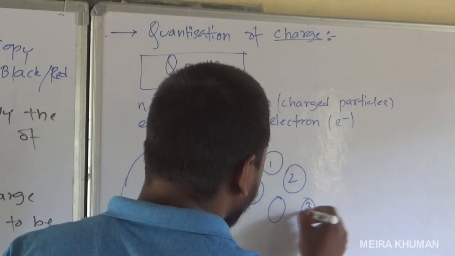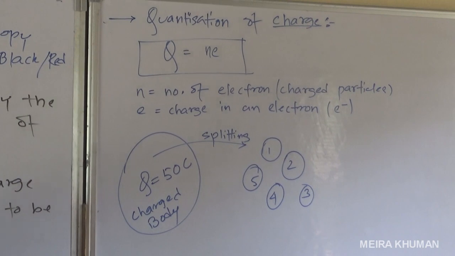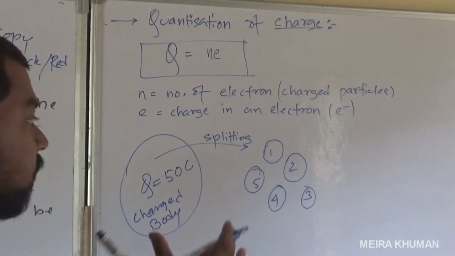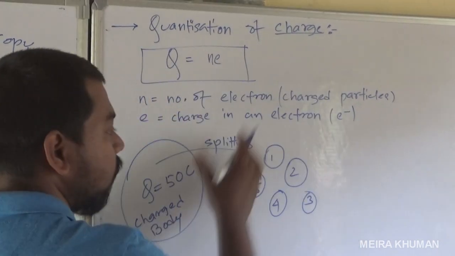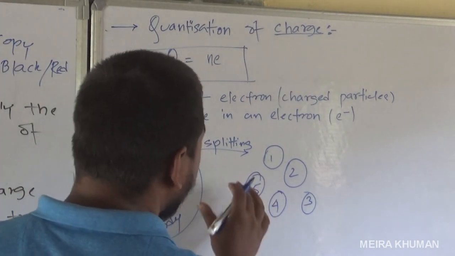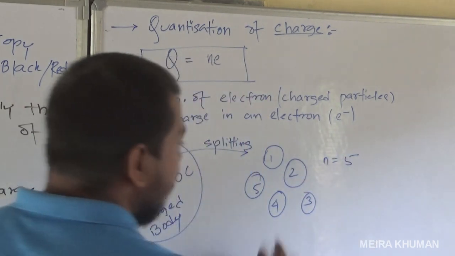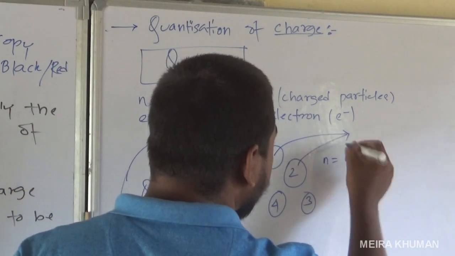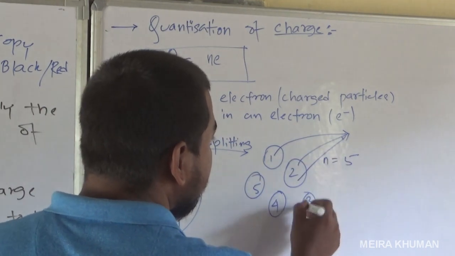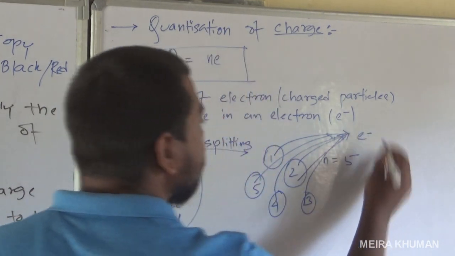So this is 1, 2, 3, 4 and 5. These are the pieces. If we combine all of these charged particles, the total charge of all 5 particles will be equal to 50 coulomb. After breaking down this charged body, we have n equal to how much? 5. And in each and every particle, the charge will be simply equal to the charge on an electron.